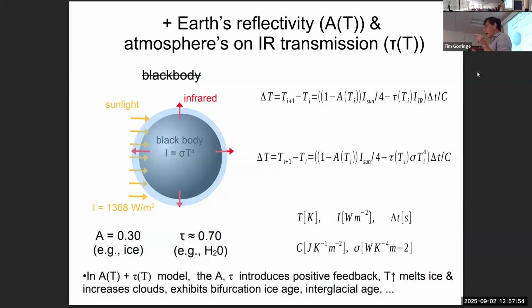And one way of thinking about the ice ages and the interglacial periods that we're in is a kind of bifurcation of equilibrium temperatures. And this bifurcation occurs because of these positive feedbacks rather than the strongly negative feedback of the dominant visible light energy in, infrared energy out.